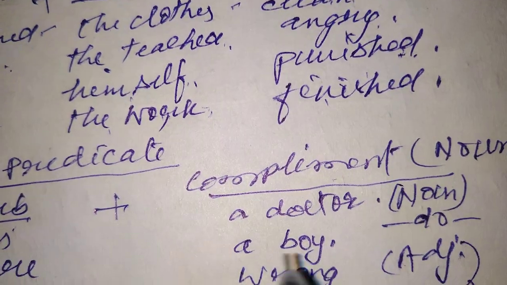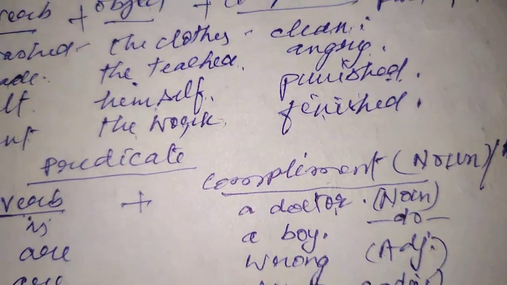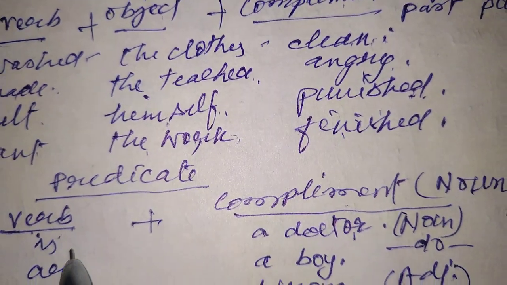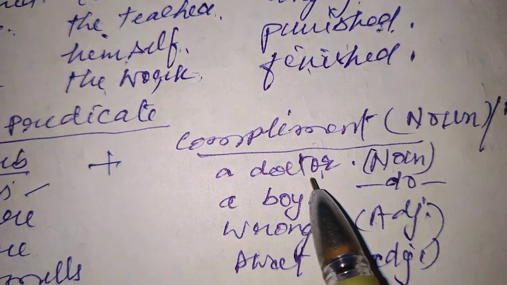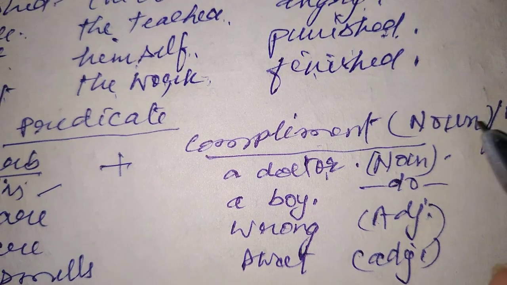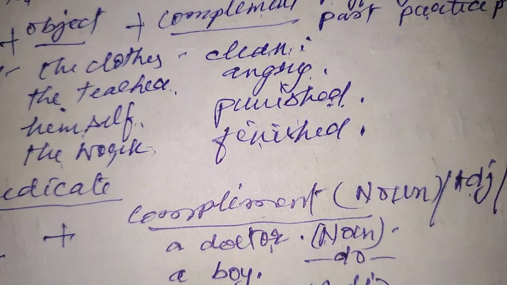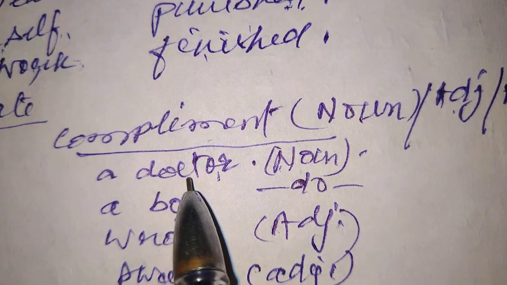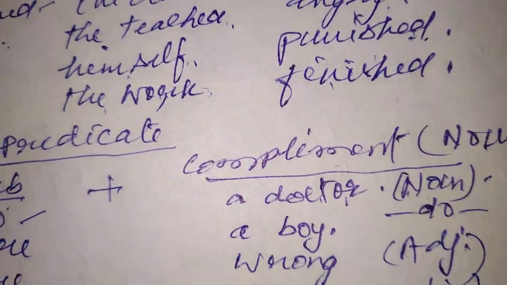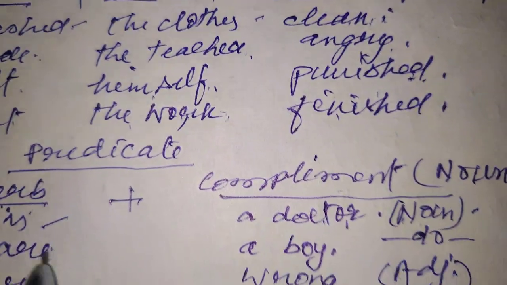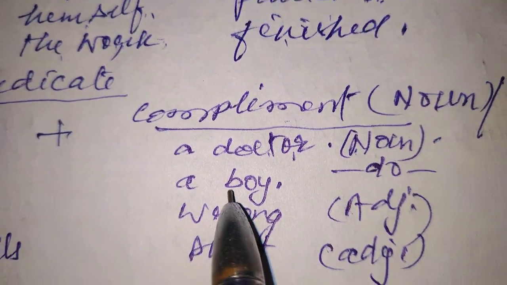He is a doctor. He is the subject, is the verb, a doctor is a noun heading here. So the complement given to him is a doctor. The second one, you are a boy.